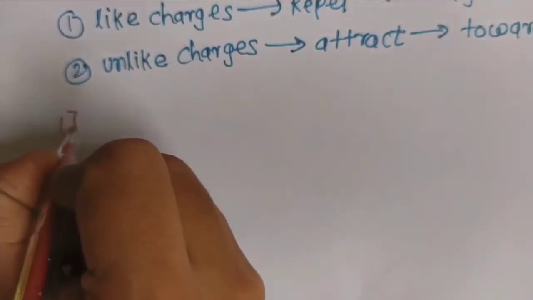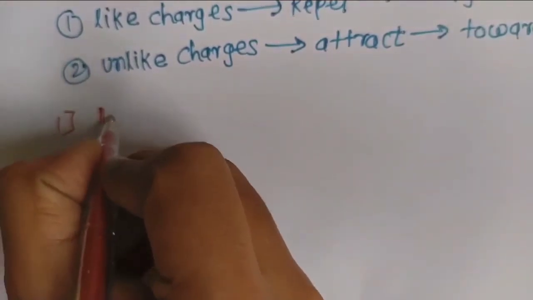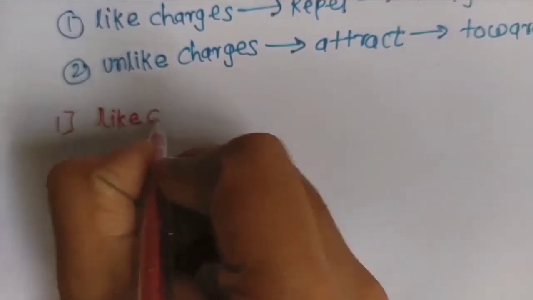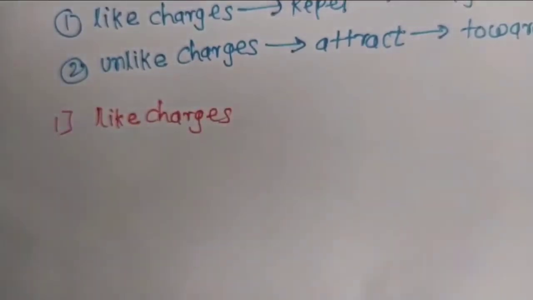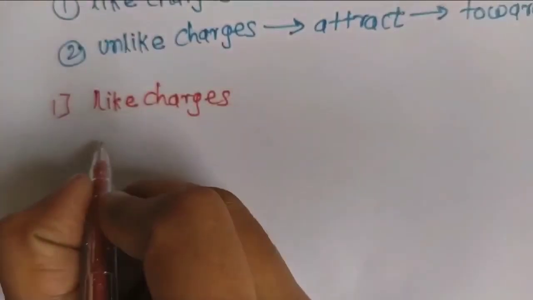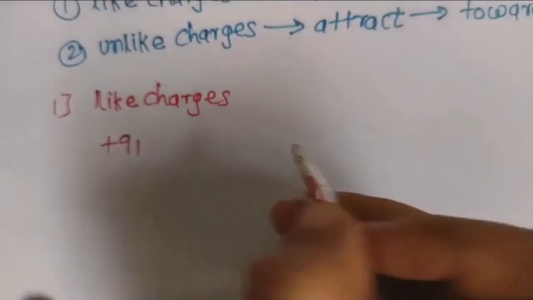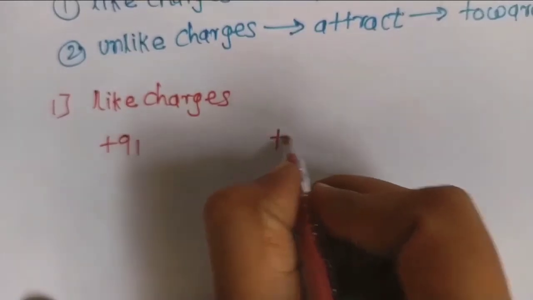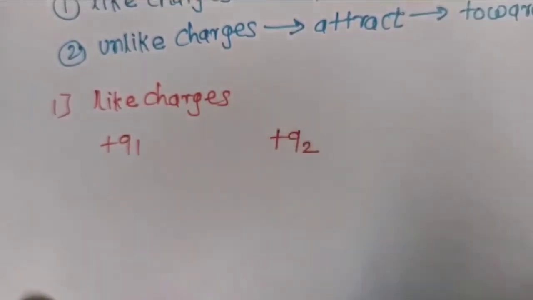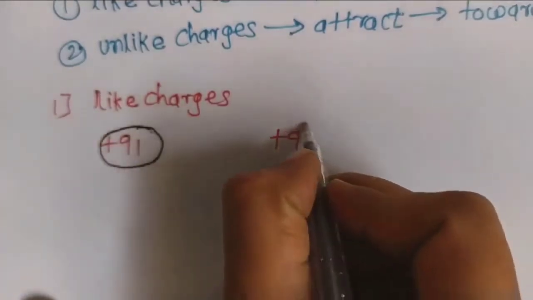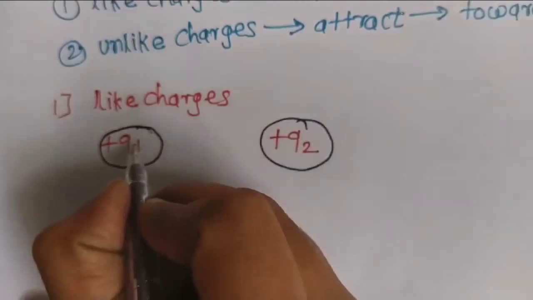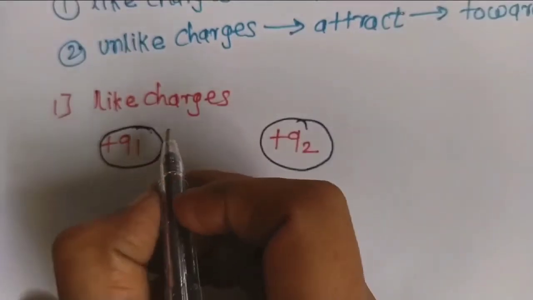First, we find the net force on the charge due to like charges. We consider the two like charges plus Q1 and plus Q2, and the distance between them is r.